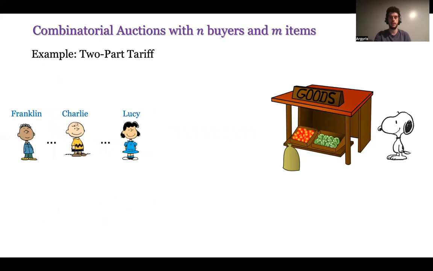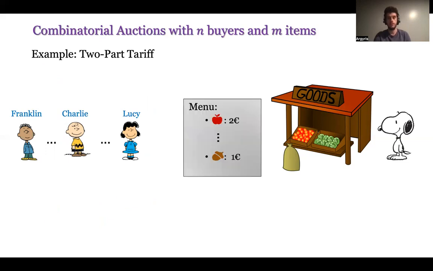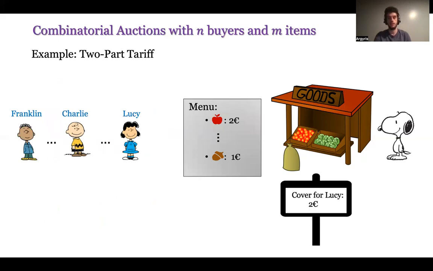An example of a mechanism is a two-part tariff. In a two-part tariff, buyers arrive sequentially and in an arbitrary order. The seller sets prices for the items. The prices are the same for all buyers. Each buyer can see the set of remaining items and is allowed to purchase her favorite bundle if she pays a personalized entry fee.